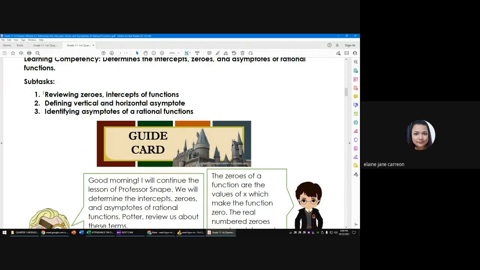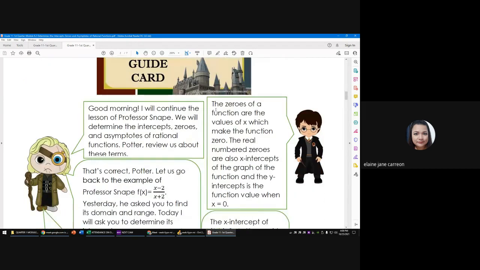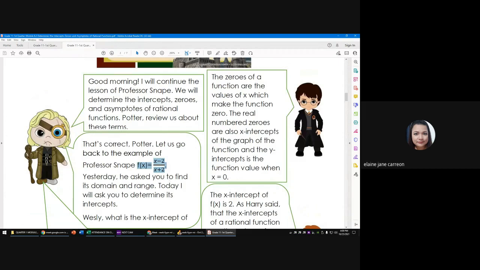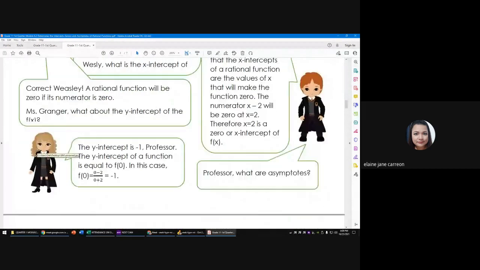For your subtasks: reviewing zeros and intercepts of functions, defining vertical and horizontal asymptotes, and identifying asymptotes of rational functions. So let's start with the guide card. As you can see, there is a familiar given here: f of x is equal to x minus 2 over x plus 2, which was discussed by another professor.